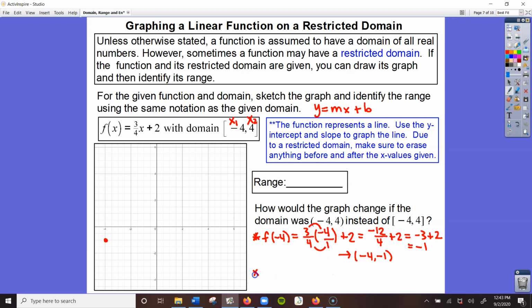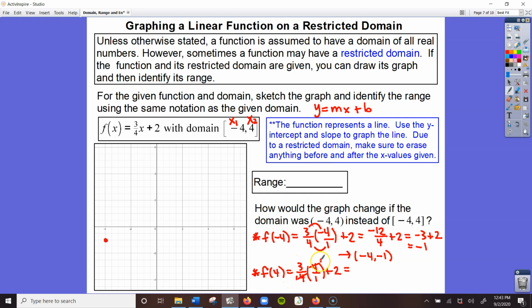Next, I'm going to plug in the second x value that was given to me. I'm going to find f of 4, which will equal 3 over 4 times 4 over 1 plus 2. A shortcut with fractions: if you ever notice the same number diagonally across, they just cancel and you can turn them into ones.